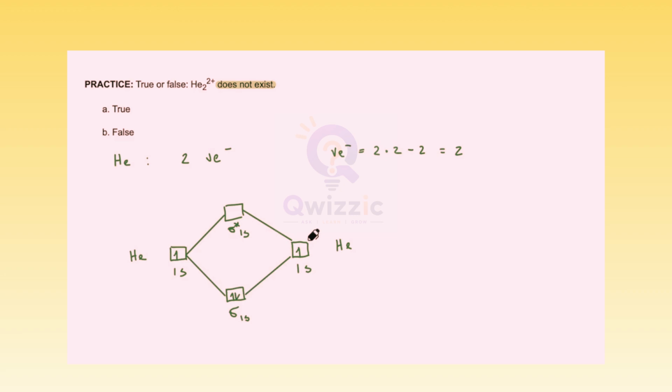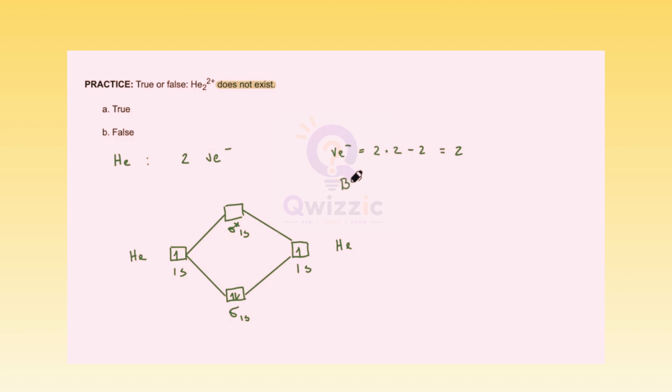Specifically, we want to use Hund's rule as long as the Aufbau principle holds, right? So we cannot jump to a higher energy orbital before we fill the lower energy orbital completely. We're out of electrons, and what we notice is that the 2 electrons belong to the bonding orbital.